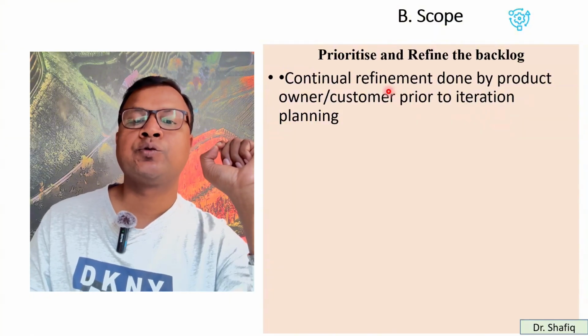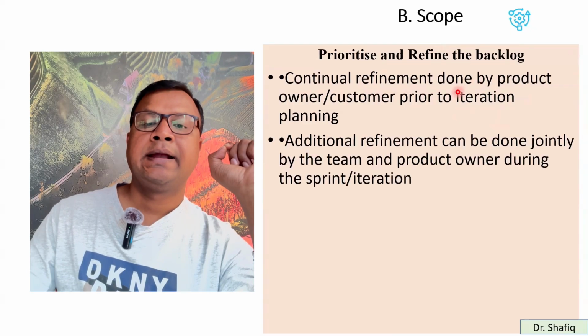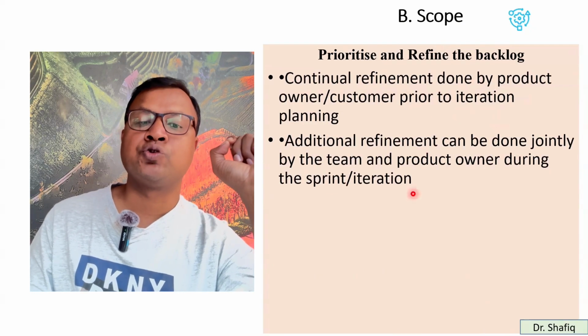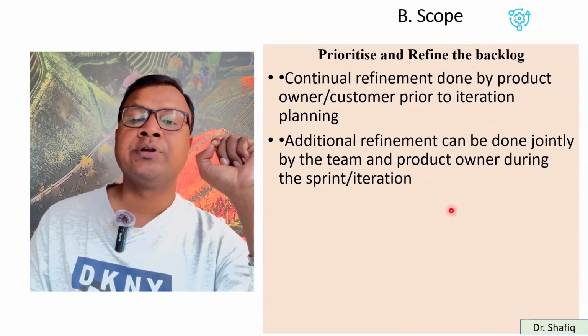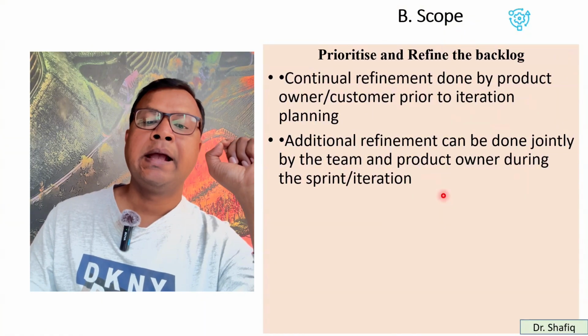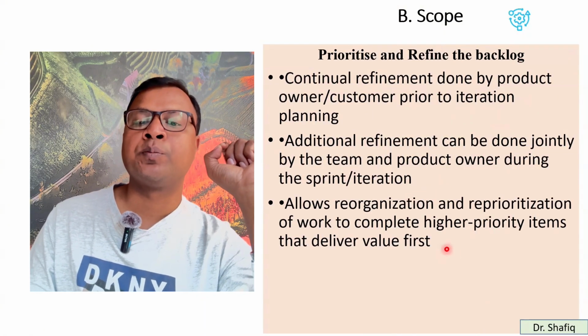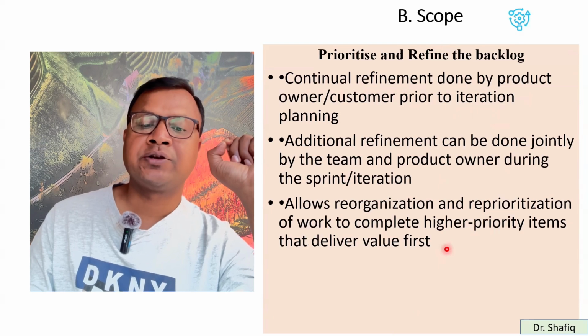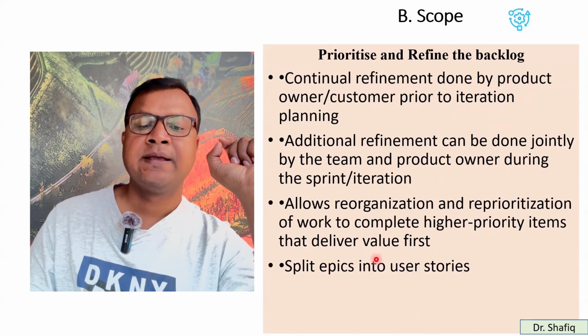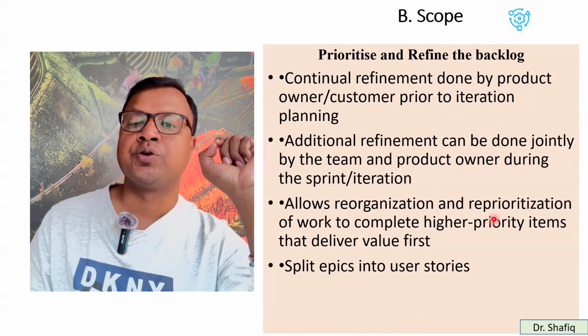So the product owner actually does the refinement of the product backlog. And additional refinement can be done jointly by the team and product owner during the sprint and iteration. And it allows recognition and reprioritization of work to complete higher priority items that deliver value fast. Split epics into user stories.